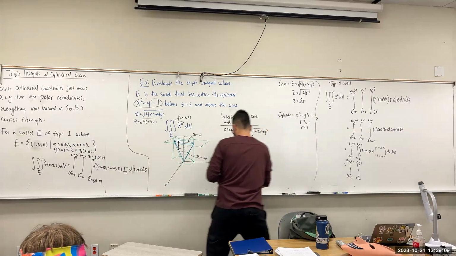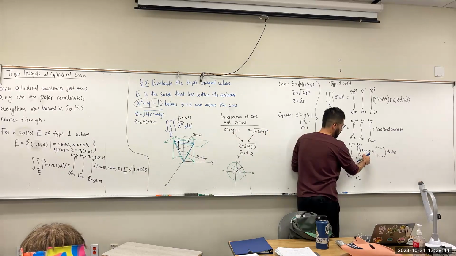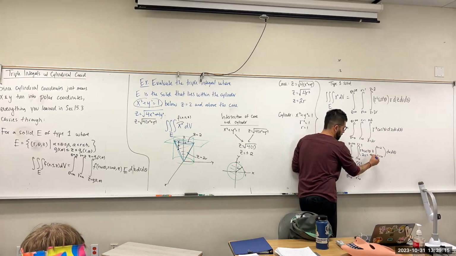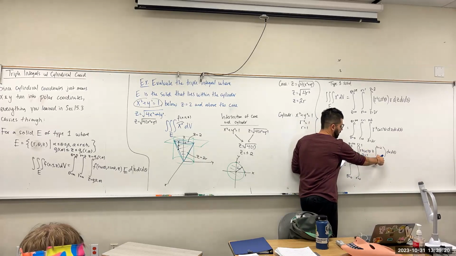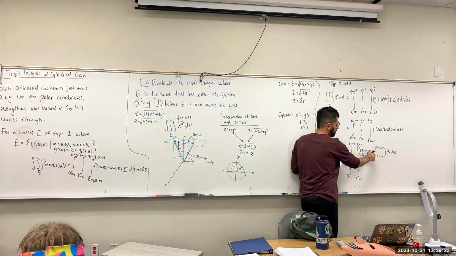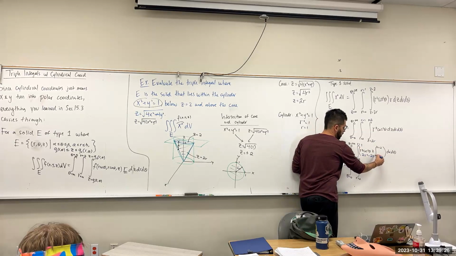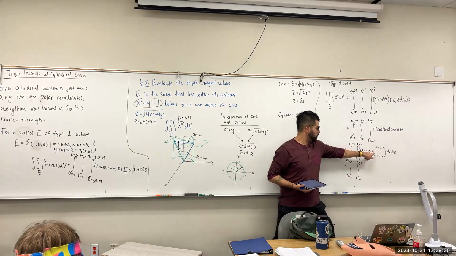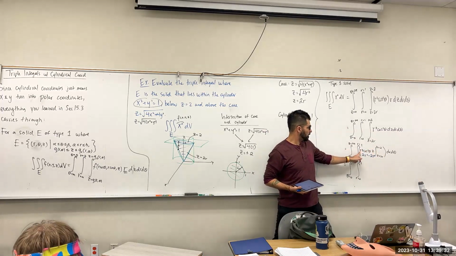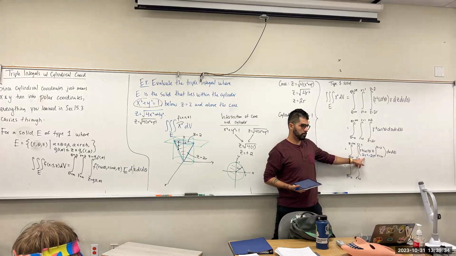Okay, let's see. This will give you, with the R here, you're going to get 2R cubed. And then when you plug in the 2R here, you're going to get minus 2R to the 4th. Is that okay right there? Plug in the 2 for z, put that in front, you're going to get a 2R cubed.